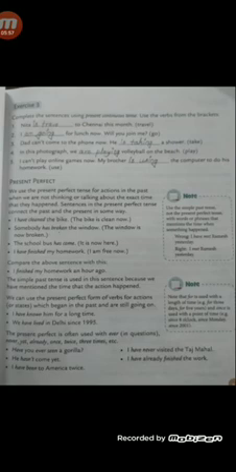Now second one, I dash for lunch now, will you join me? So here when subject is I, then the auxiliary verb is am. Okay, I am going for lunch now, will you join me? Then third one, dad can't come to the phone now.